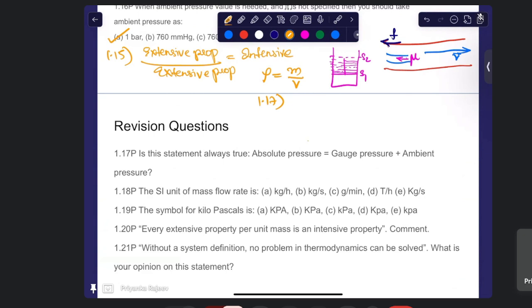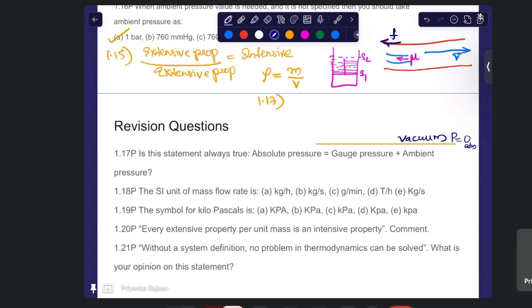So you've got absolute vacuum. Okay, so this is vacuum, that is pressure equal to 0, in Pascal or whatever unit it is.